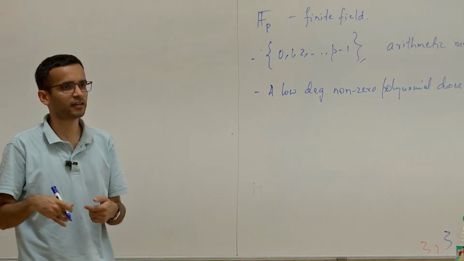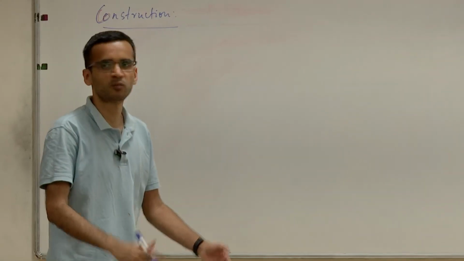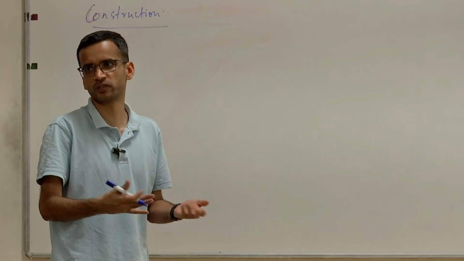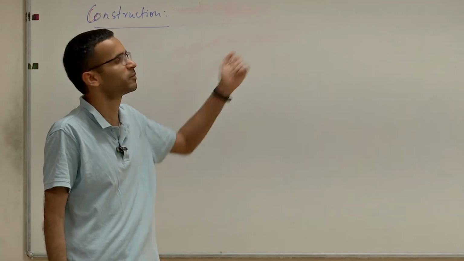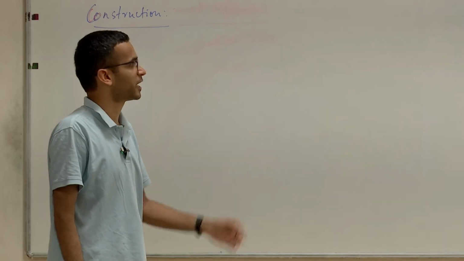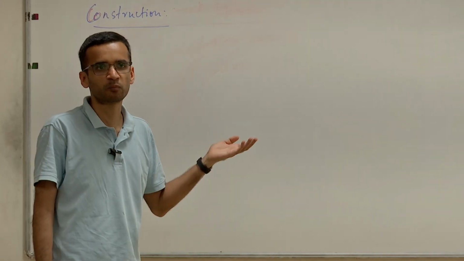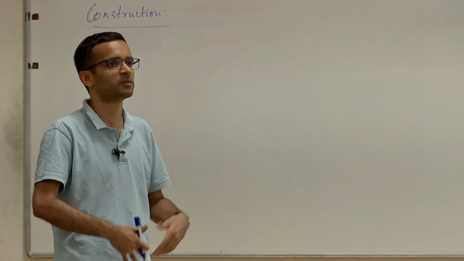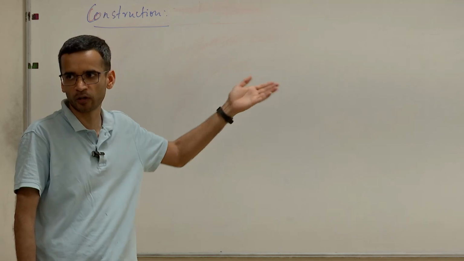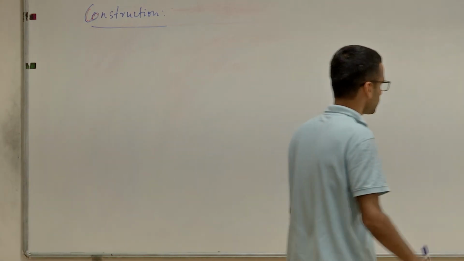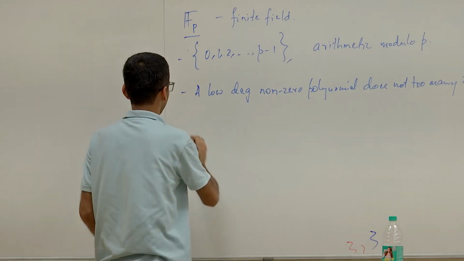But if you take a degree d polynomial that's non-zero over rational numbers, the number of distinct zeros it would have is at most d. The same fact holds if you do arithmetic modulo p, when p is a prime. This fact doesn't hold if p is not a prime. If you are working over modulo composite numbers, then you can have low degree polynomials with many more zeros than their degree. So p being a prime is important for these things. That's the notation I'm going to use for Fp.